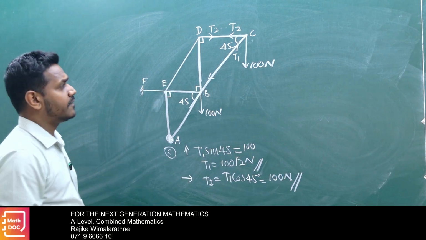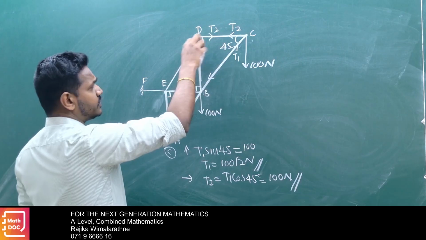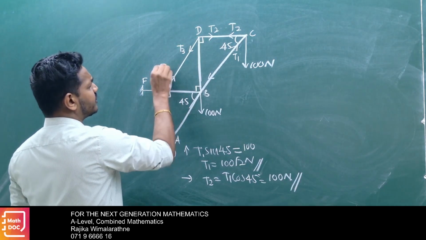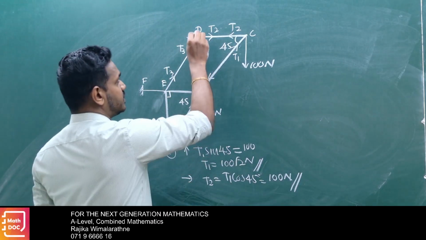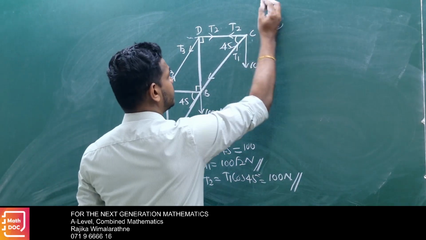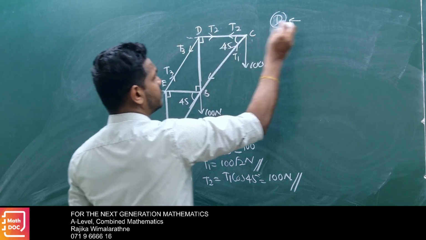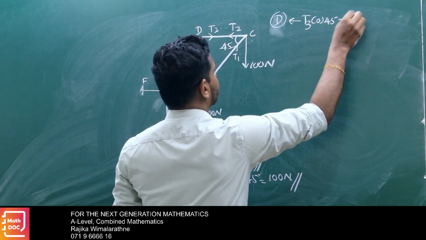Then you go to this vertex D, T2. To cancel this one, mark T3 like this. Then T3 cos 45. Go to vertex D. T3 cos 45 equal T2.